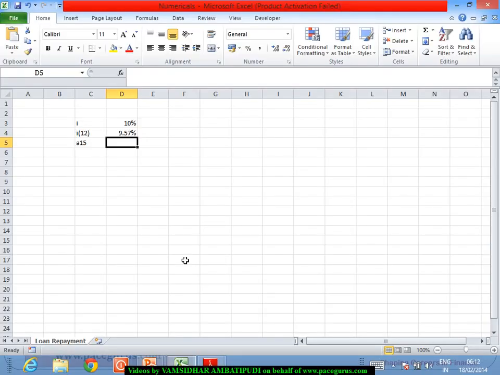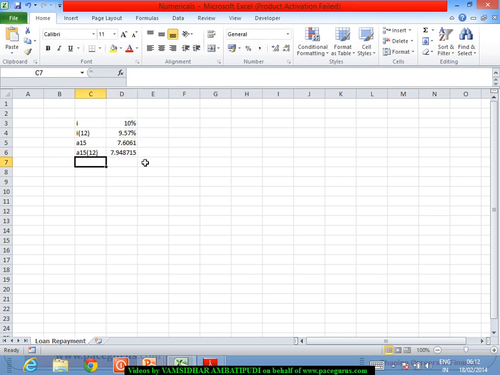And I want a15 now. The a15 for 10% interest I can get from the actuarial tables quite comfortably. The a15 works out to 7.6061. So I can find a15 on a monthly basis, which is nothing but a15 regular into i divided by i(12).